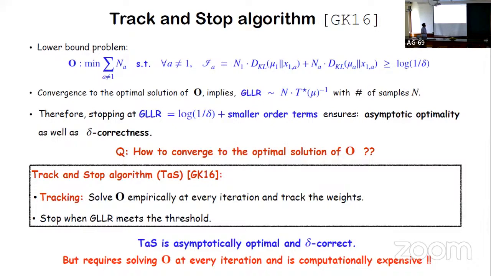And once the GLLR grows like this, if we stop at this particular threshold, when the GLLR becomes approximately log 1 over delta, then we know that n is like t star mu times log 1 by delta. So such policies are asymptotically optimal. Now we have to see how to converge to the optimal solution of O, or how to adaptively solve O using whatever samples we are looking at.